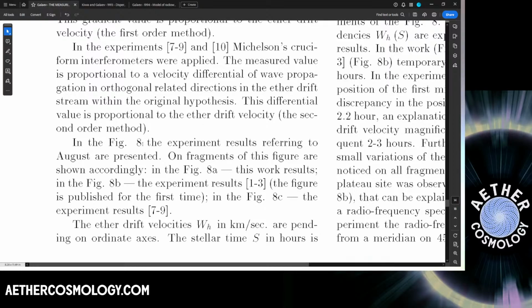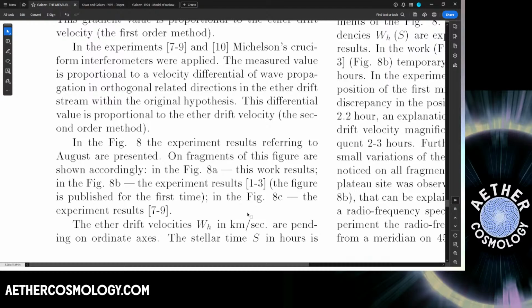In figure 8, the experimental results referring to August are presented. On fragments of this figure are shown, accordingly, in figure 8a, this work's results; in figure 8b, the experiment results, the figure is published for the first time; in figure 8c, the experiment results of citations 7 through 9.